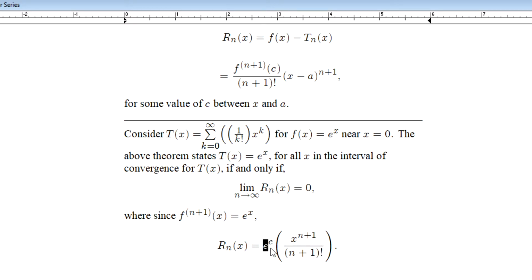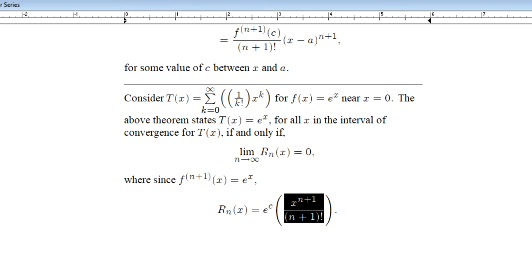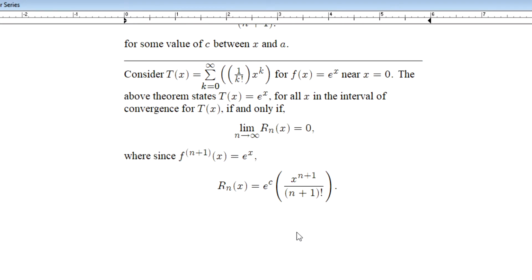Must be equal to essentially e to the c times this quantity.